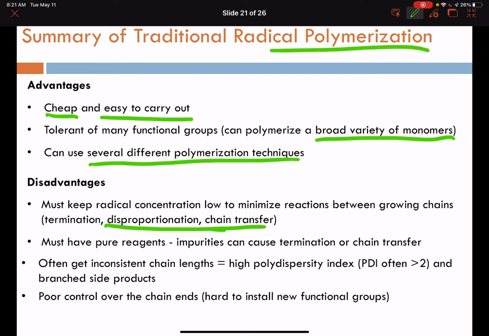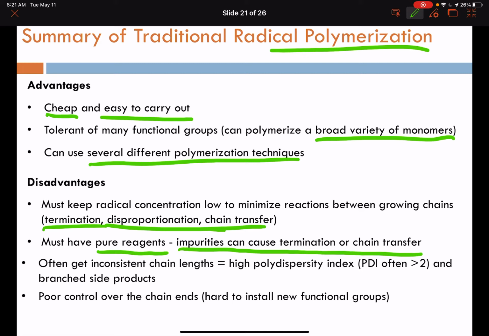The higher the concentration of radicals, the more likely these radicals will find each other and undergo termination reactions, for example. Generally, these reactions proceed well when you have fairly pure reagents. So if there are impurities that react with radicals as well, this can impede polymerization and acquisition of high molecular weight polymers for advanced application.